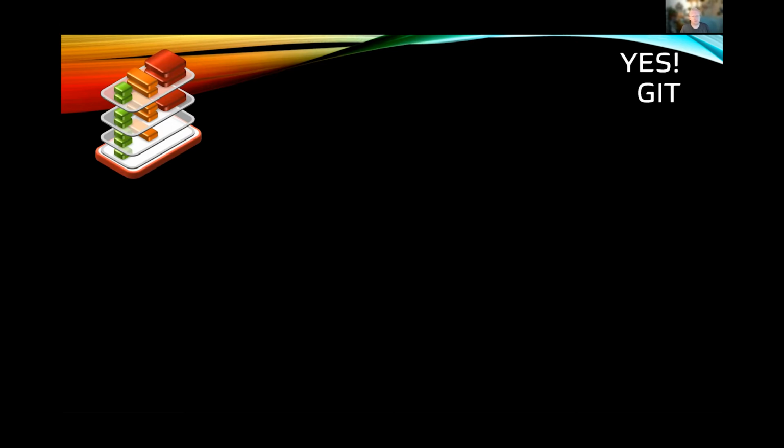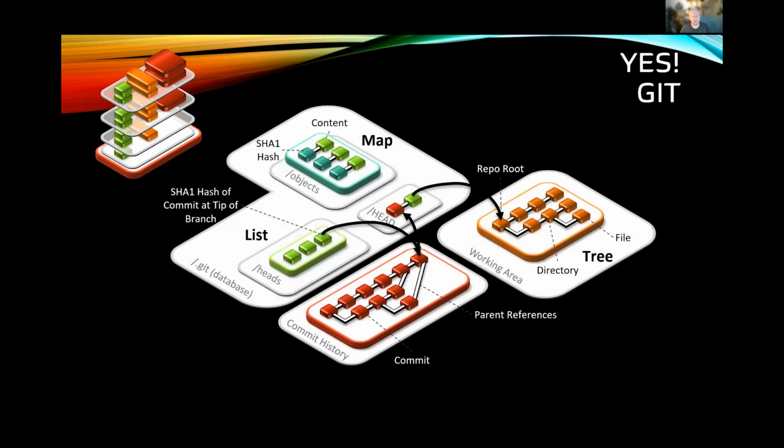So I'd like to just spend a bit of time to reflect back on the original data structures that we looked at. And I don't think many people ever bother to look under the covers to see how Git is implemented. But for me, it's been quite fascinating to take a look and see how each of the fundamental data structures feature quite prominently in different parts of that Git repository.